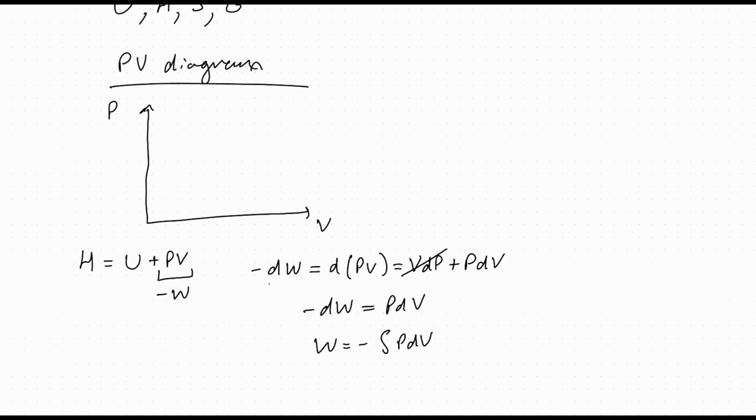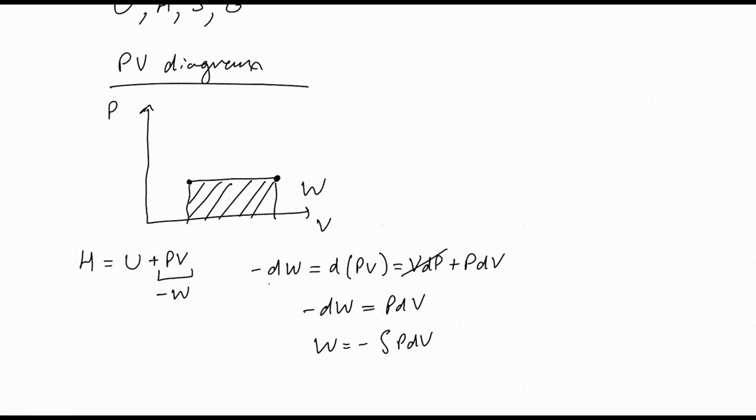So the reason why we like these graphs is because we are working with integrals. So suppose I have a line like this. The area under this curve is the work. It's the work being done by this expansion or contraction, right? It just depends on which direction we're going.